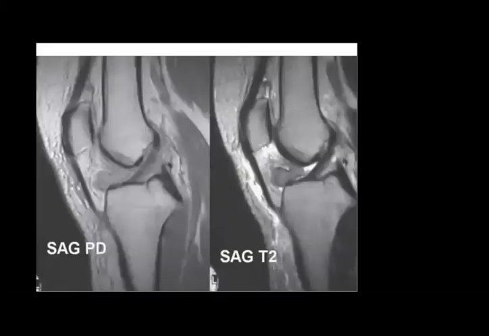Okay. Let's shift to this case, which is an easy one. So what would you like to ask in the history if you find a case like this? Nice. Yeah, we will ask about repair, ACL repair.